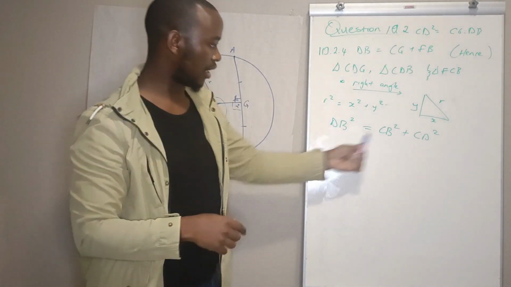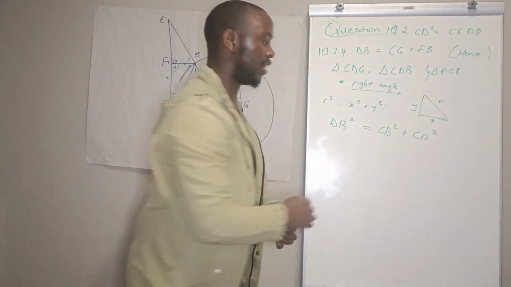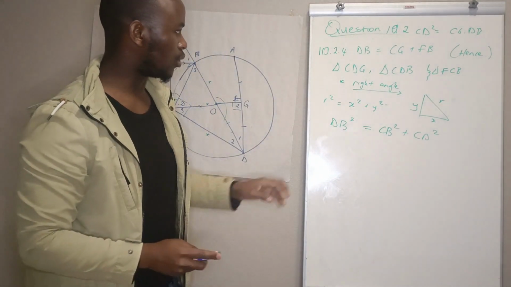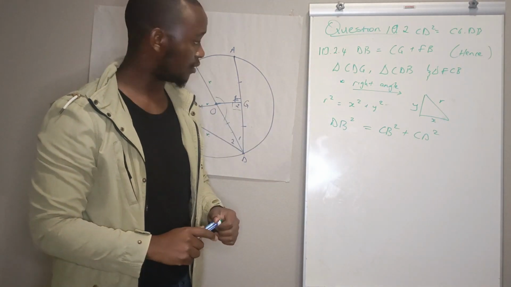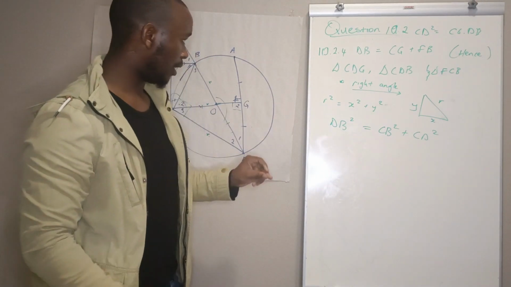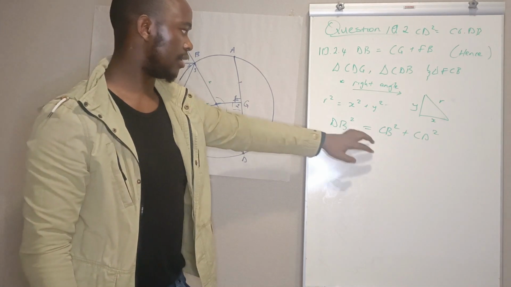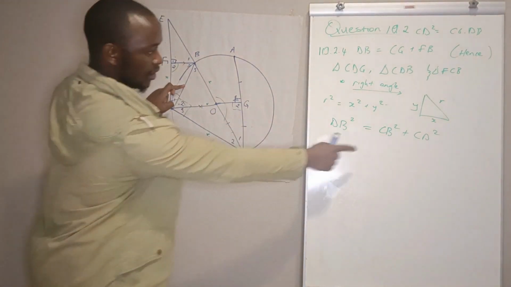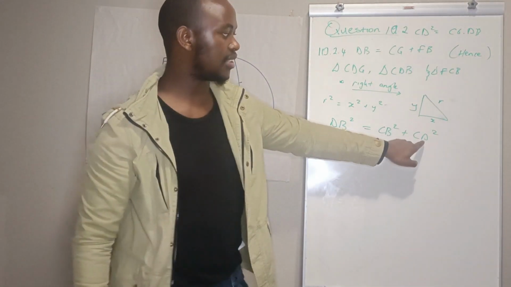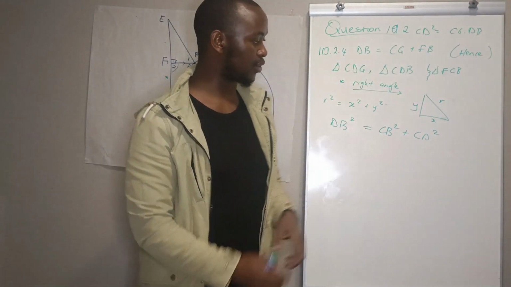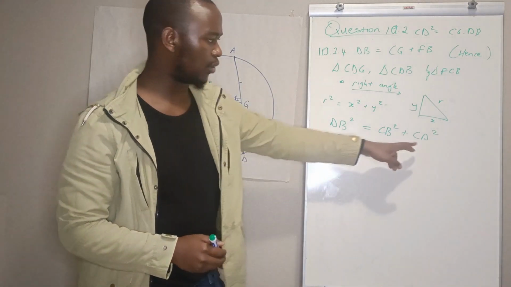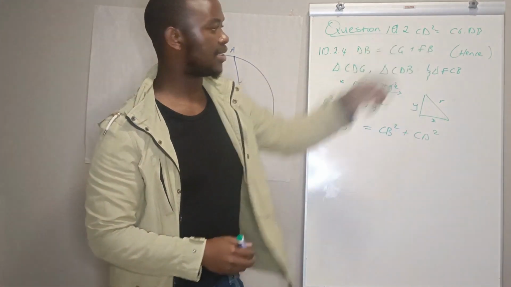That should stand because that's the rule that we're using in here. I've tried to include both of the triangles. So basically, if you look at DB squared, we have included CD squared here, which we've already proven on the previous question. So we see that we can already substitute in here by CD squared.